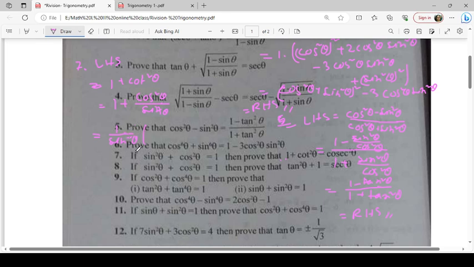Because it is 1, here we have to write sin square theta, and the second term, with 1 by sin square theta outside, we write cos square theta. Because this is equal to 1, we put the value of 1, so this is equal to 1 by sin square theta, which is cosec square theta, equal to the right hand side.